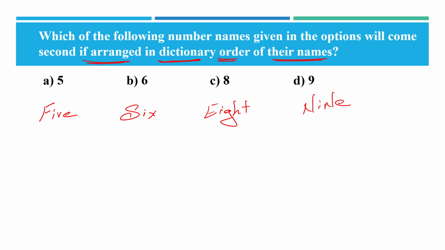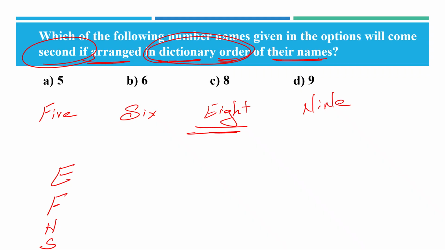Now let us arrange them in the dictionary order, which is alphabetical order. So your E comes first, then F, then N, then S. Therefore, the second arranged in dictionary order is, obviously, 5, option A.